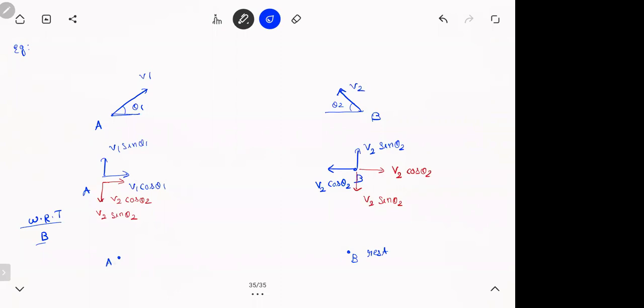And if you ask how A is going, it will say, okay, A is coming towards me with V1 cos theta 1 plus V2 cos theta 2. Vertically, it is V1 sin theta 1 minus V2 sin theta 2. So that is what B will think about A.